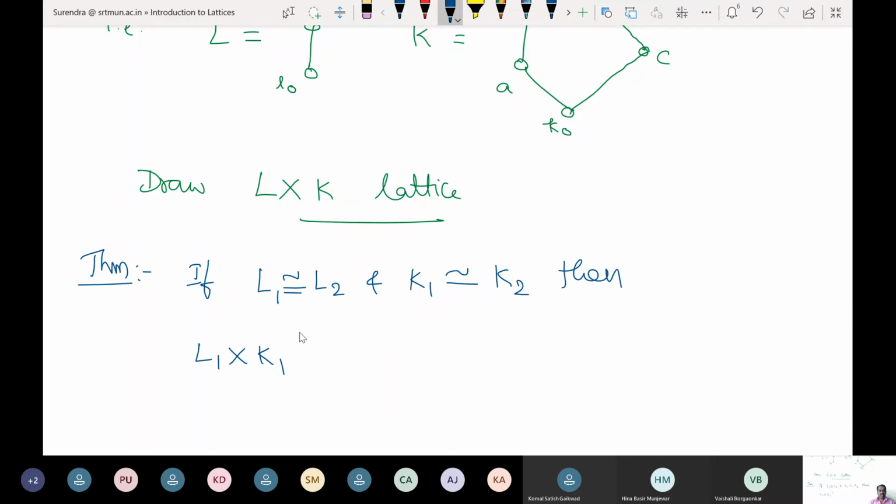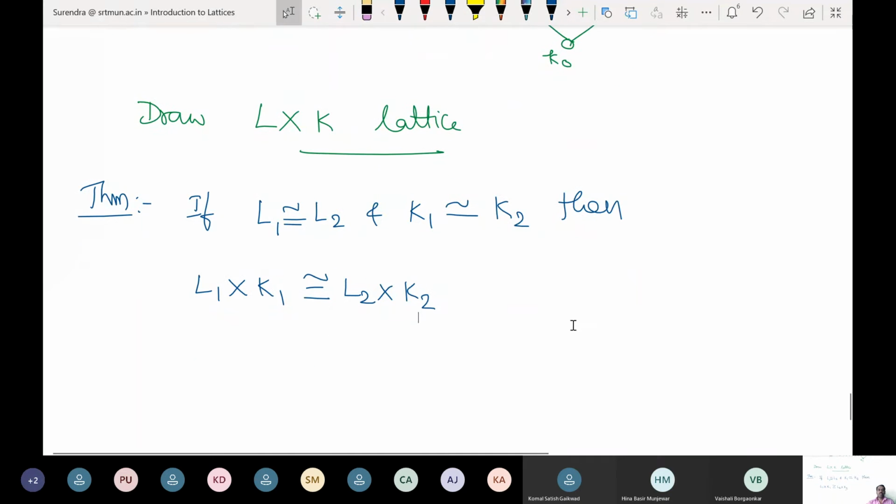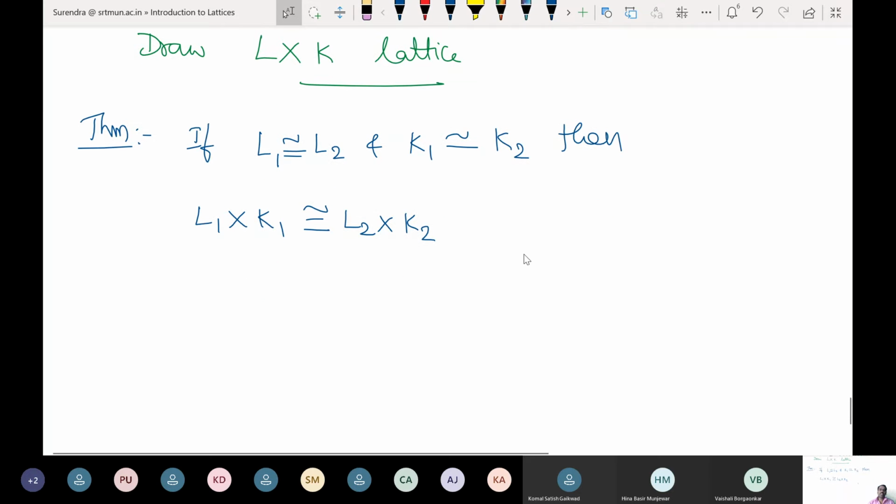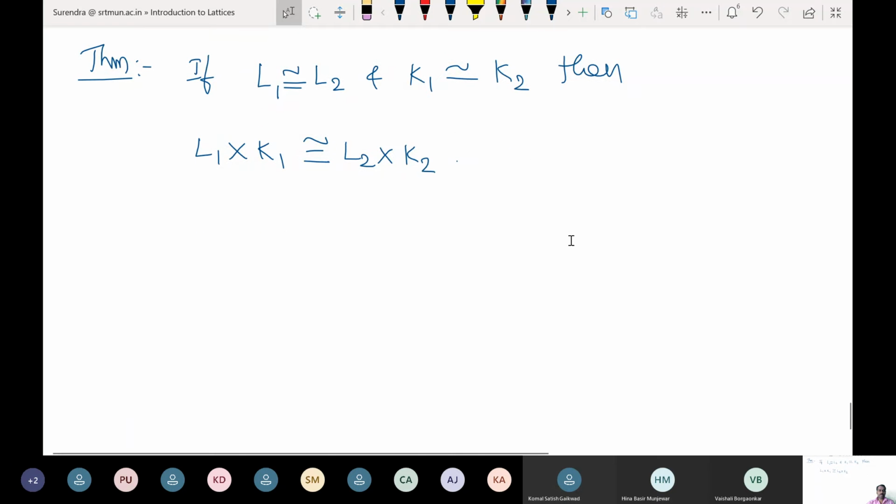L1 cross K1 should be isomorphic to L2 cross K2. Is this clear? Suppose you have two lattices L1 and L2 that are isomorphic, and similarly K1 and K2 are isomorphic. Then L1 cross K1 should be isomorphic to L2 cross K2 as direct products. Is the statement clear?